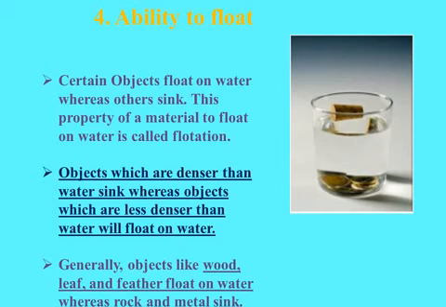Objects which are denser than water sink, whereas objects which are less dense than water will float on the surface of water. So a leaf, wood, feather, these all are less dense than water, and they are lightweight, so they easily float on the surface of water.